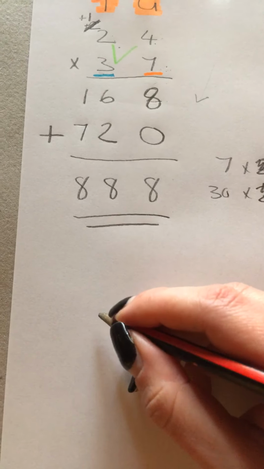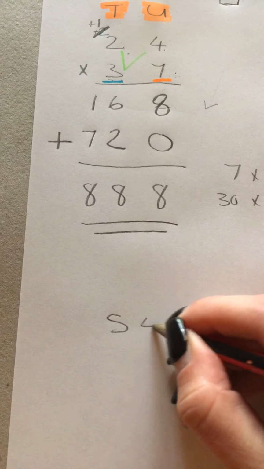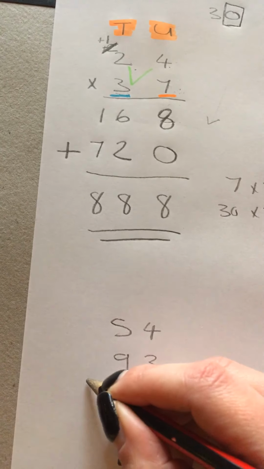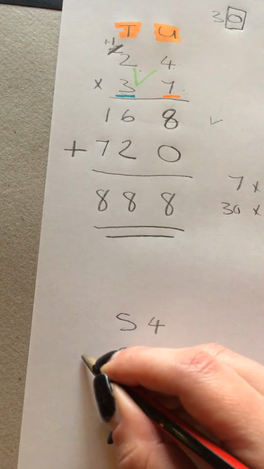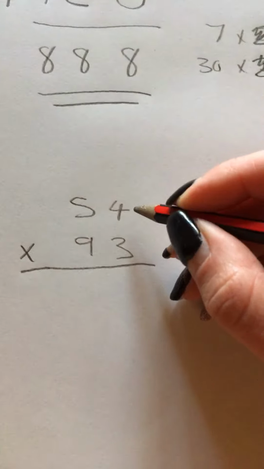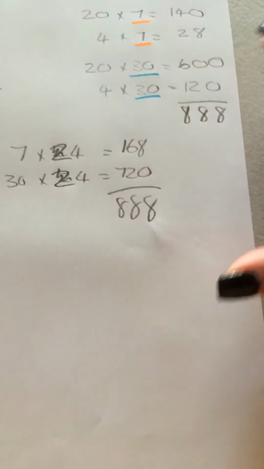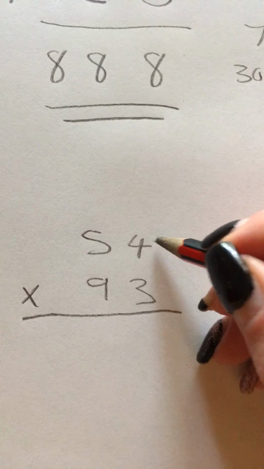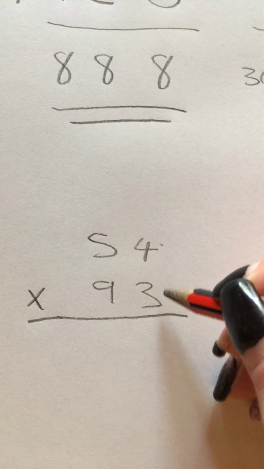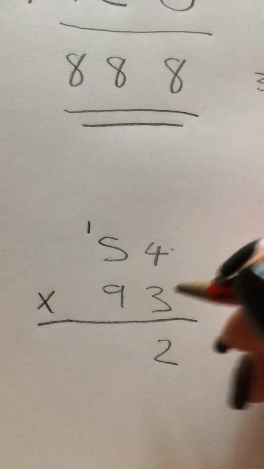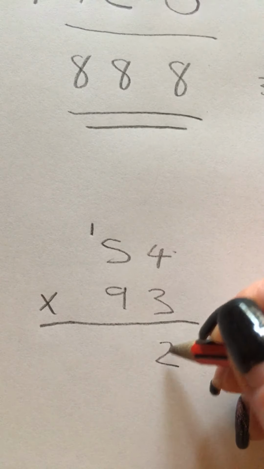Okay, let's take the number 54 times 93. Okay, that's a gigantic amount. Let's see, let's just stretch it out a bit. Step 1, so I'm not going to do any of that. I'm just going to focus on what we're doing first. 4 times 3 is 12. The 2 goes there and the 1 carries over because the 12 is a 10.